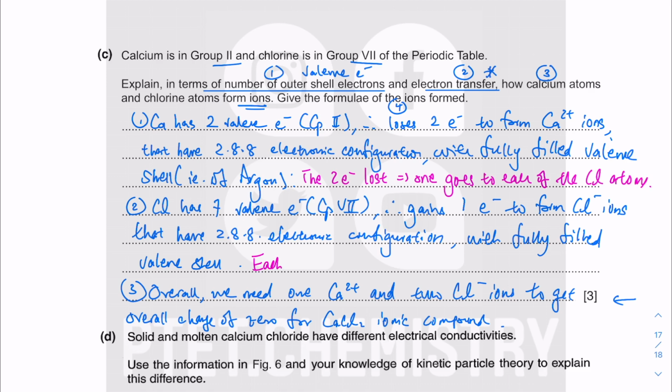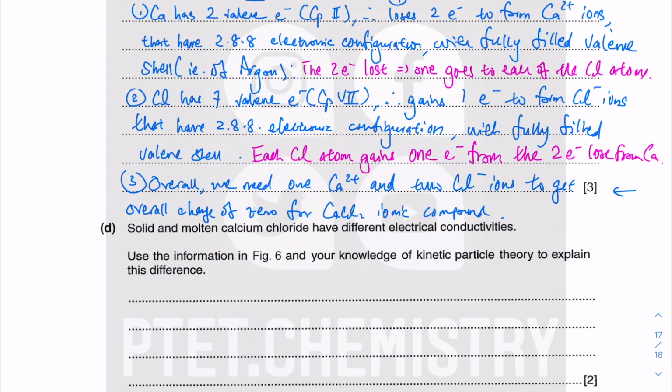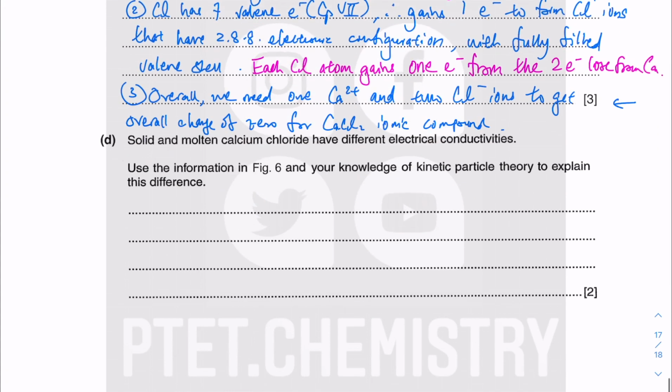Each chlorine atom gains 1 electron from the 2 electron loss from calcium. That's why the calcium atom gives away 2 electrons, but each Cl atom can only gain 1. That's why you need 2 Cl atoms to get 2 electrons altogether. That's why we get this ratio of 1 calcium 2+ and 2 Cl-.